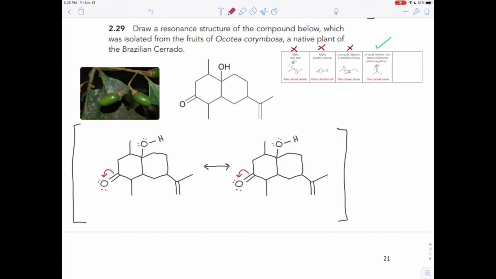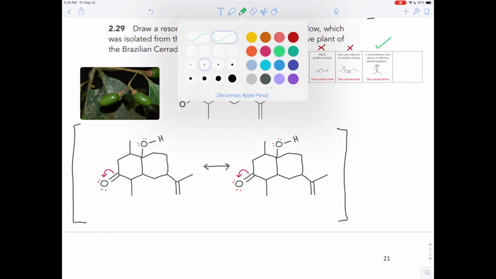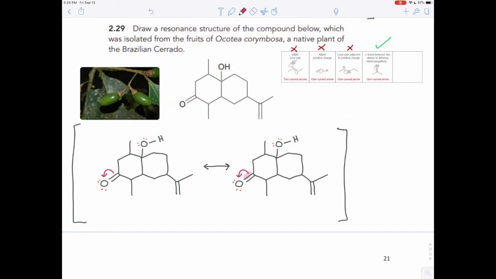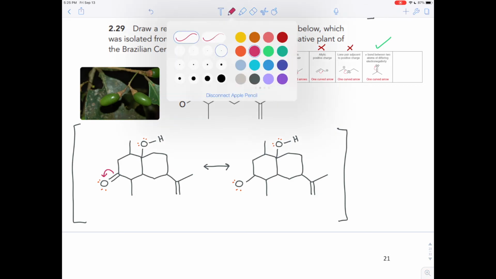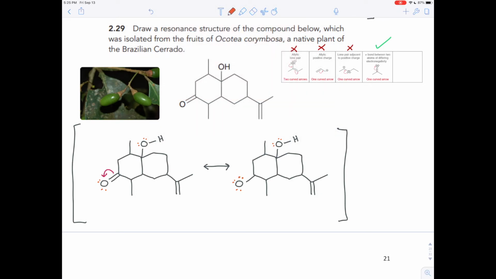and anywhere where you have the tail of a curved arrow, that's a place where electrons are moving away from, so you erase those. And anywhere where you have the head of a curved arrow is a place where electrons are arriving, so you draw them in. If the head of a curved arrow points at an atom, then you draw in the electrons as a lone pair.